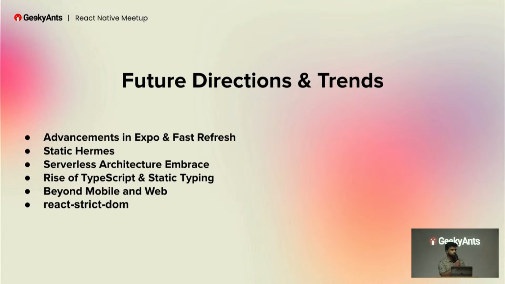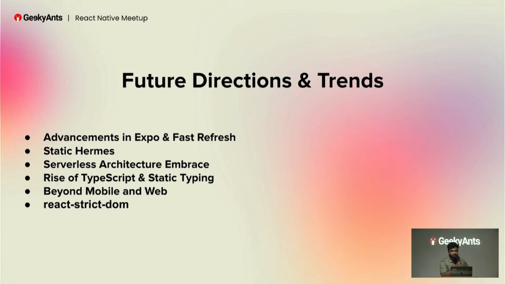Apart from that, what can we expect in the future from React Native? Some advancement in and around the ecosystem, which the Expo team is building. There is some work going on for faster refresh in core React Native. Apart from that, we have Static Hermes coming in.